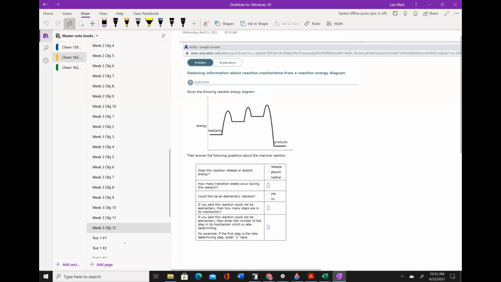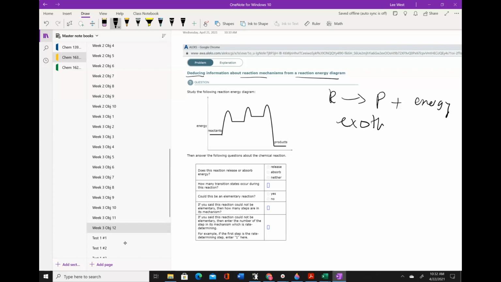So this one is about deducing information about reaction mechanisms from a reaction energy diagram. So let's have a look here. The reactants are higher in energy than the products. So that means that as the reactants got turned into products, energy got released, right? So that means that this is an exothermic process.